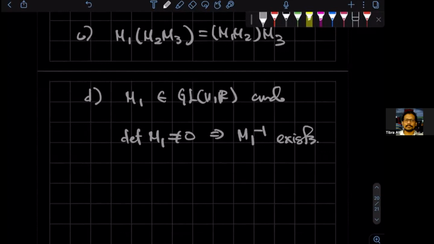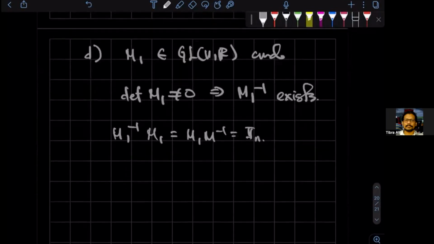So we can say that the inverse of M1 is M1 inverse. Okay. So we have shown that this is a group, right? Any questions?